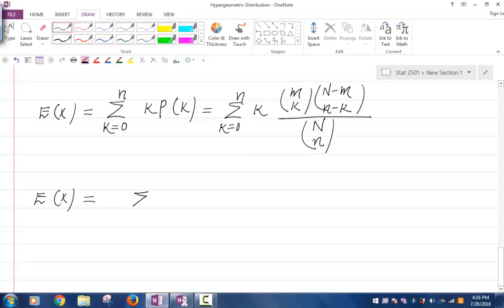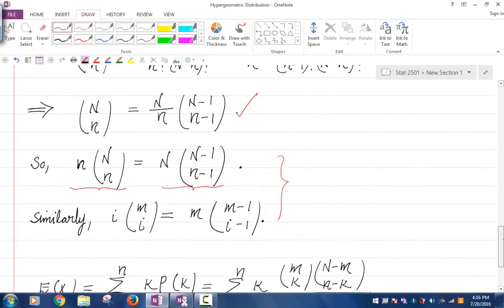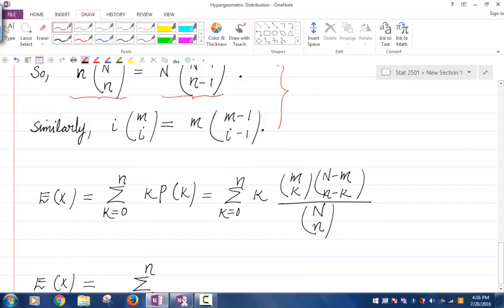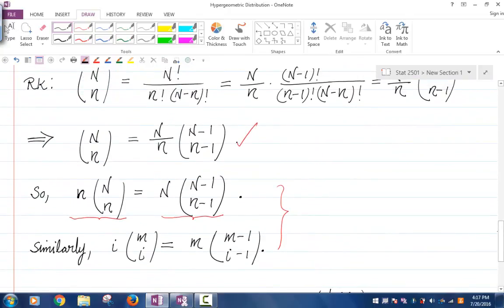This is the same as the summation k going from 0 to n, and what we are going to do is replace the denominator cap N choose n by using this identity here.